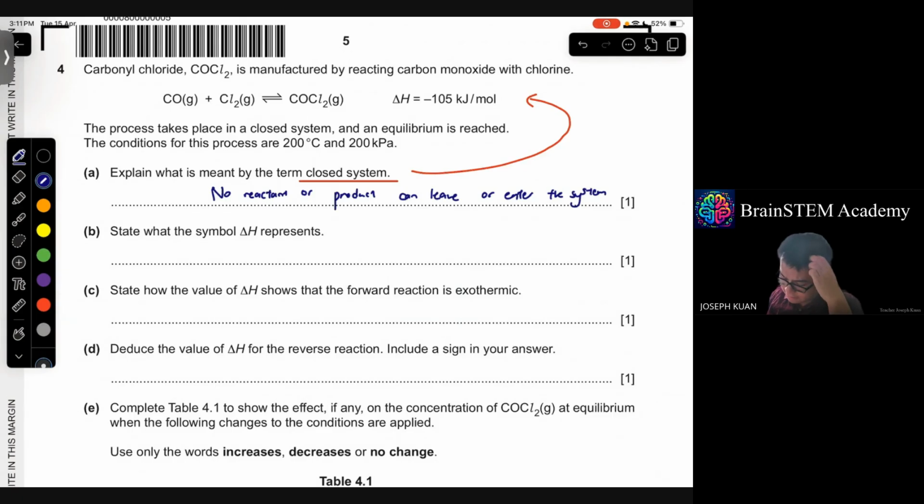Next, state what the symbol delta H represents. It represents the enthalpy change of the reaction, and state how the value of this enthalpy change shows the forward reaction is exothermic, by simply looking at the negative sign. Because if the delta H has a negative sign, it simply is exothermic.